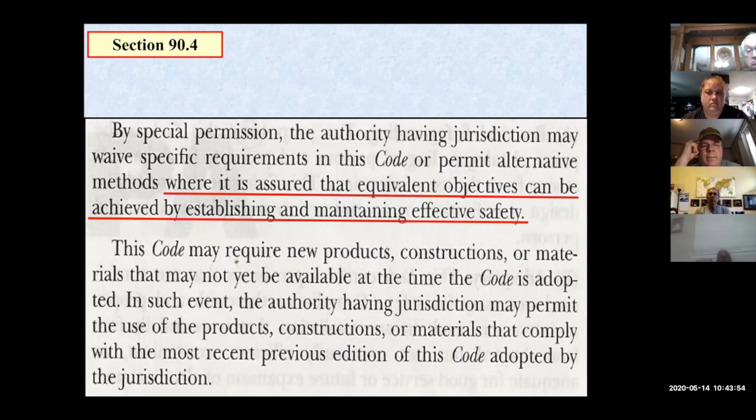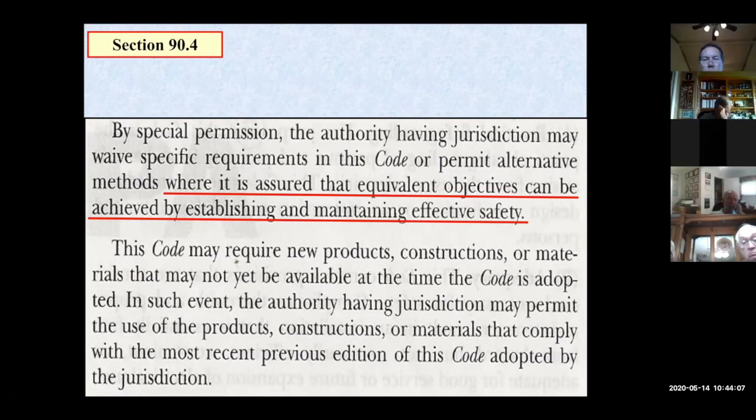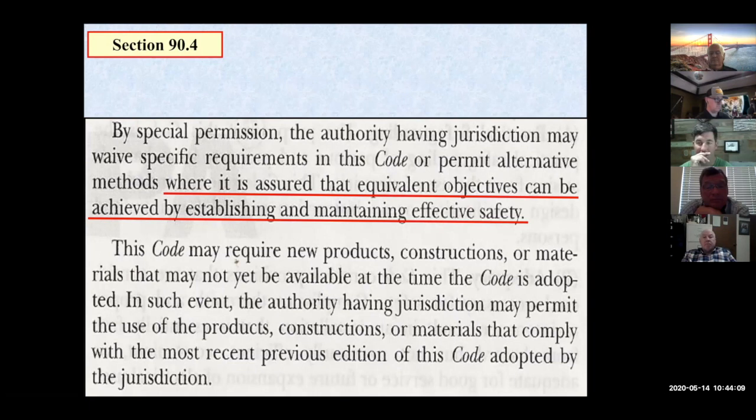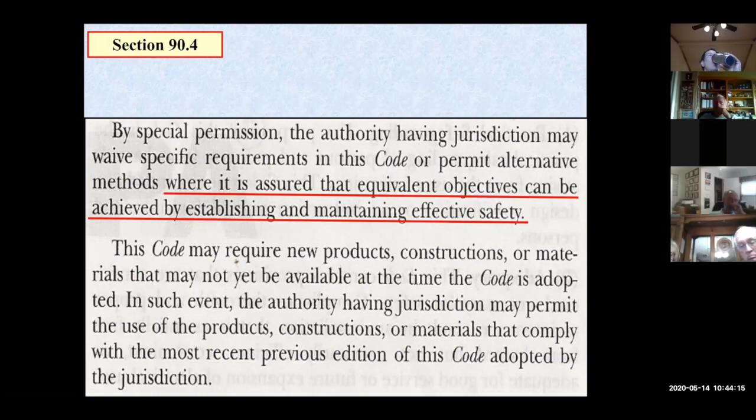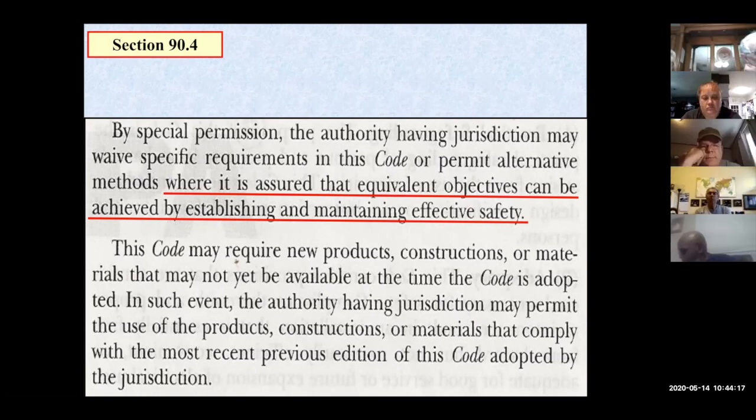And also, will it establish and maintain effective safety? Maintaining could involve corrosion. A lot of times you have to watch out for that. And we argue a lot about putting antioxidant on aluminum. Well, in the new stuff, it's not required, but there are places where it would be needed to maintain effective safety.